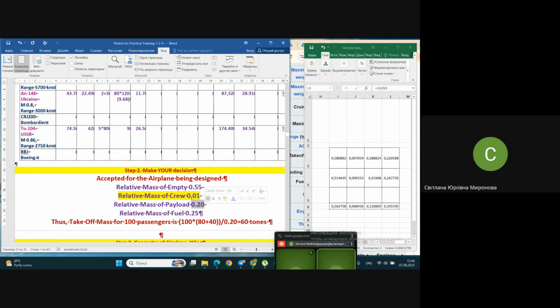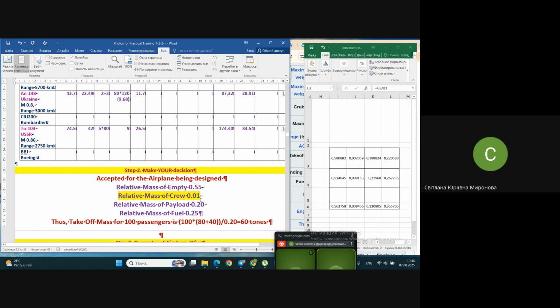In case the range of the airplane is longer, in this case, the relative mass of fuel will be greater. And if the relative weight of fuel is greater, it means that here we need to think over something about the relative mass of the airplane, relative mass of payload, and so on. So relative mass of fuel, in this case, 0.25.